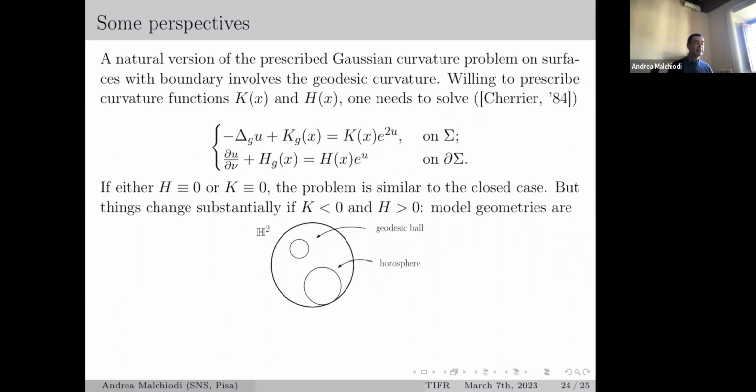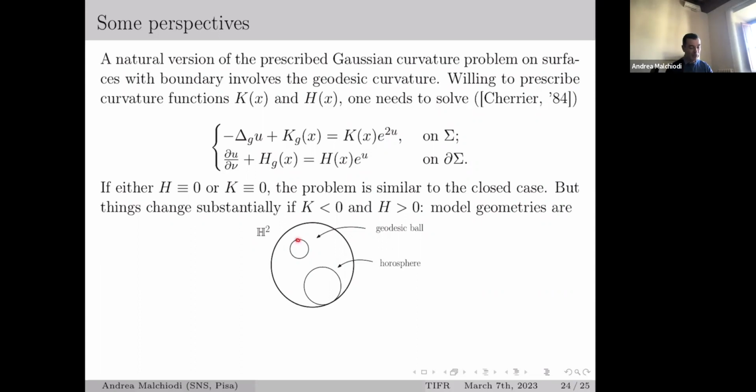But things change substantially when, for example, the two curvatures have opposite signs. So a model case is that of geodesic balls in the hyperbolic plane. In this case, the interior Gaussian curvature is just inherited from the hyperbolic plane. It will be negative. And you have different kinds of balls.